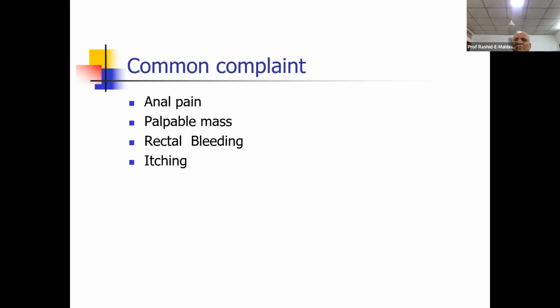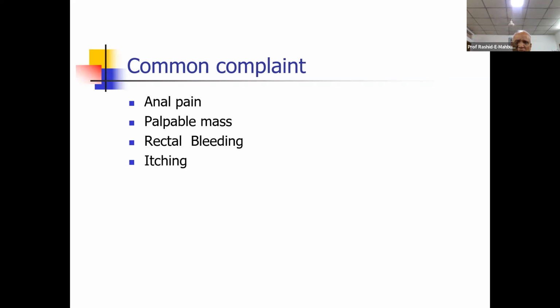You can have a palpable mass and rectal bleeding. That is one of the commonest things you can have from your patient. And itching. Itching comes mostly from a skin condition and some discharge from the anal region that causes the itching. Rectal bleeding is very important, and the patient is phobic.